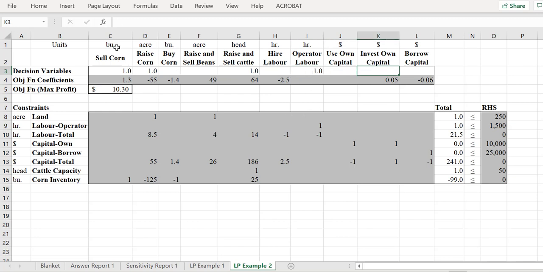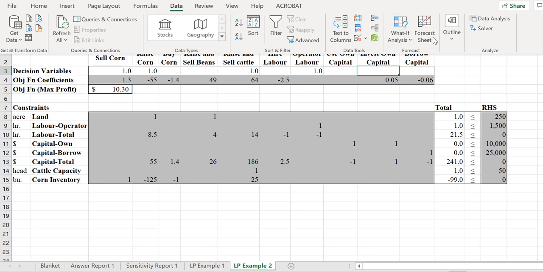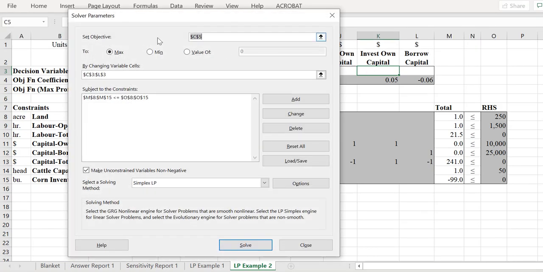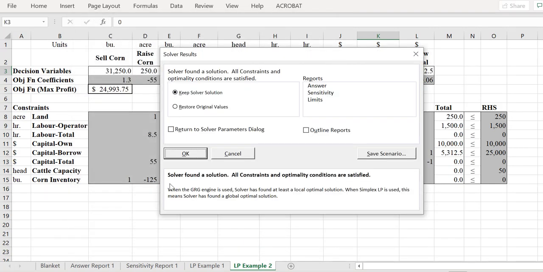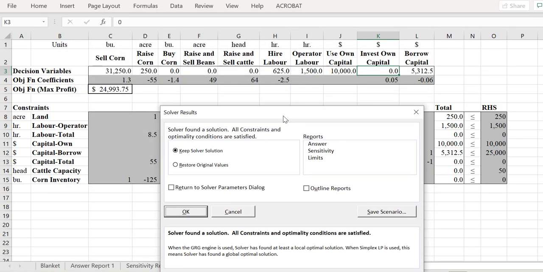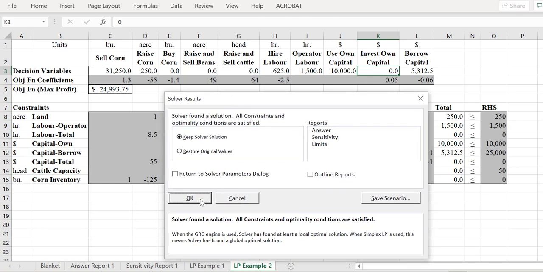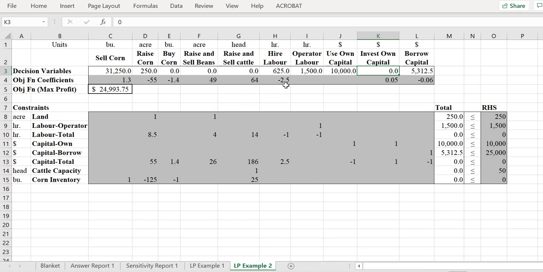And we can also solve this problem, and again, everything is set up. If we solve it, you can see that the objective function value is the same as in the other setting.